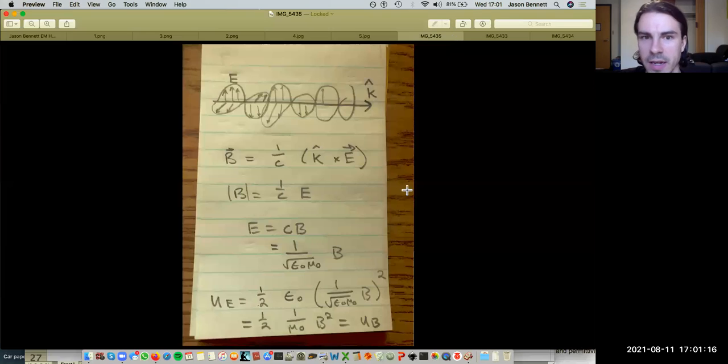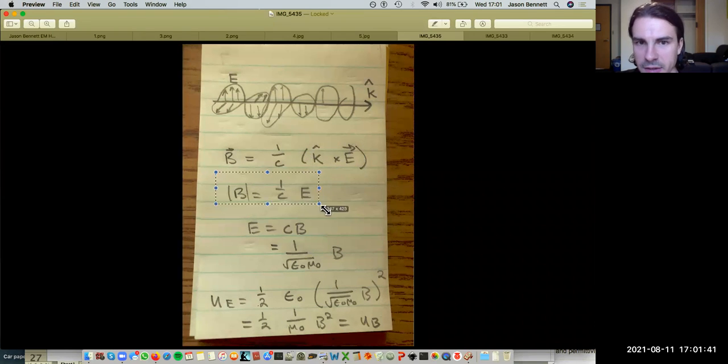The reason for that is based on this propagation thing. These two things are traveling at the speed of light. You can see this cross product here, but because they are perpendicular, I can just write them as a product. That's just a unit vector, so it's just 1.